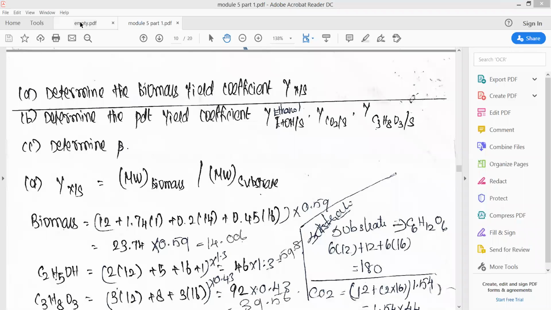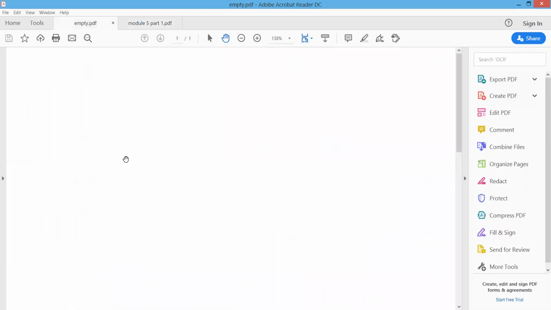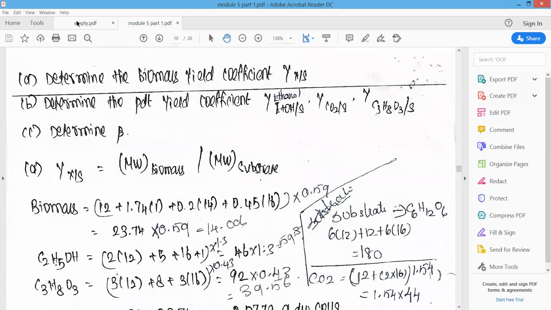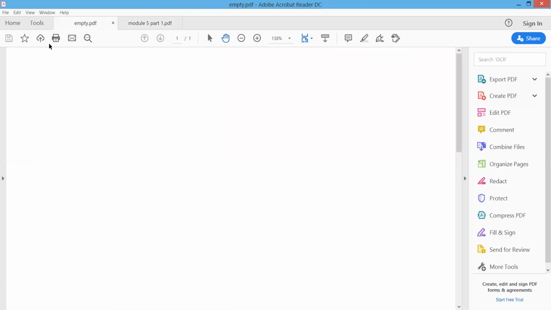This is a little confusing for you, so I will show you how you can find it. First, Y x by s we have to find, and in the same way Y ethanol by s and all the others. Here x is biomass, so first let us find for that.